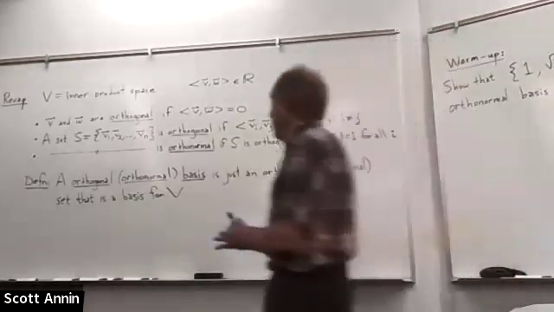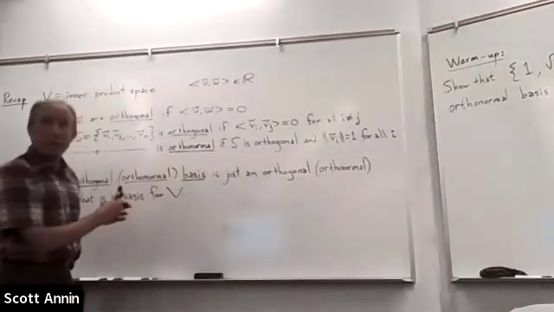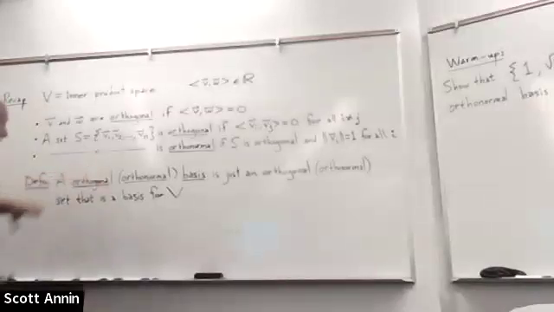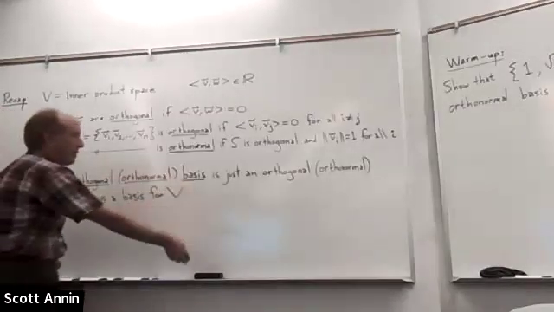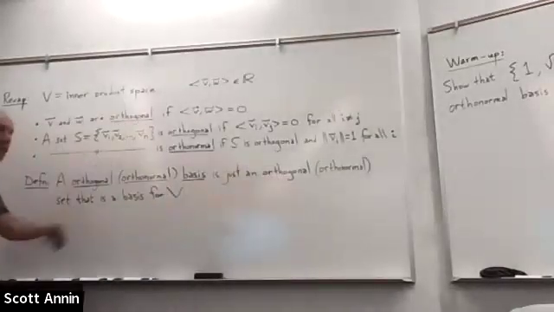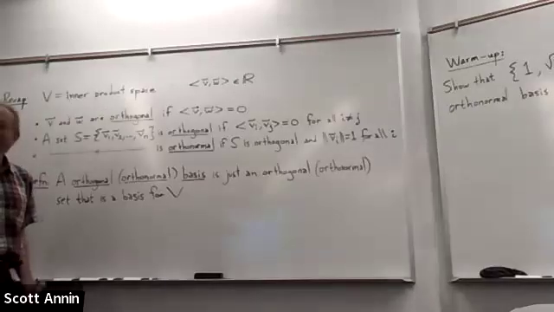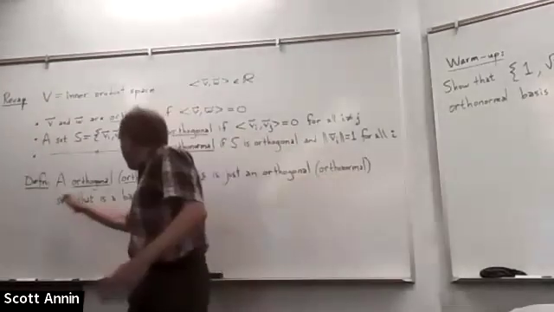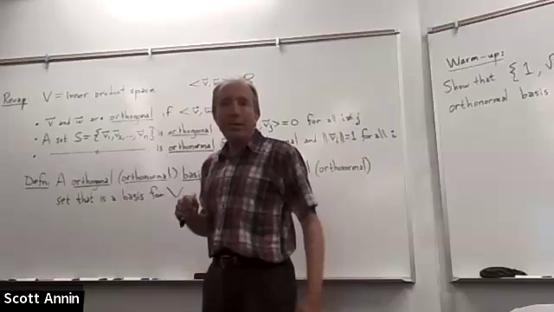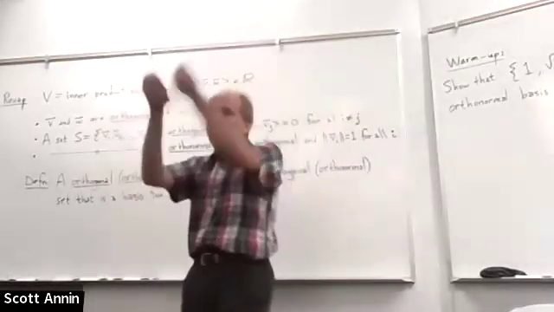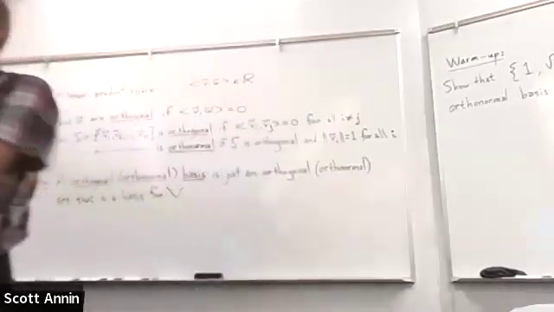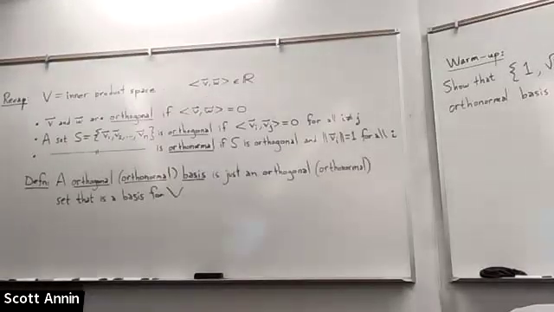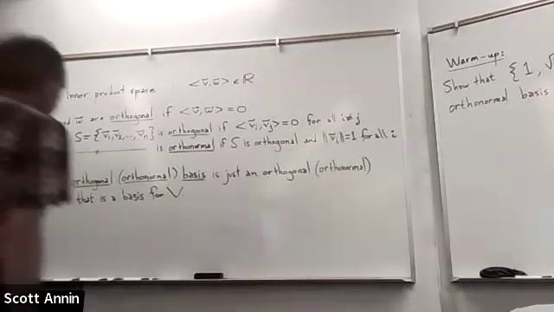What I'm doing here with the parentheses is saying that I can define either phrase. An orthogonal basis is just an orthogonal set that is also a basis. And an orthonormal basis is just an orthonormal set that is also a basis. So you're just putting two ideas together: the basis concept together with either orthogonal or orthonormal. That's basically the idea.